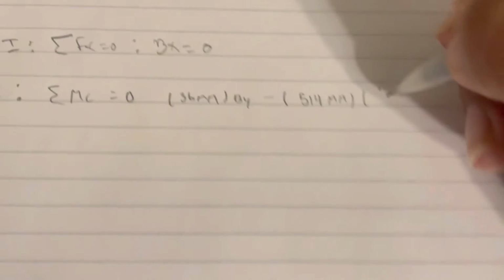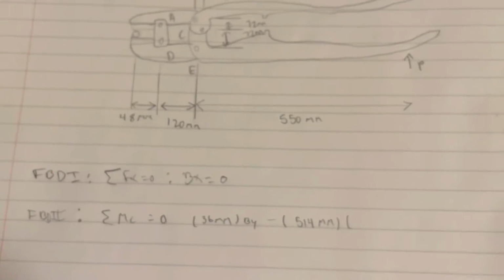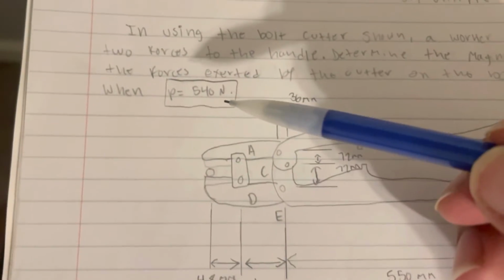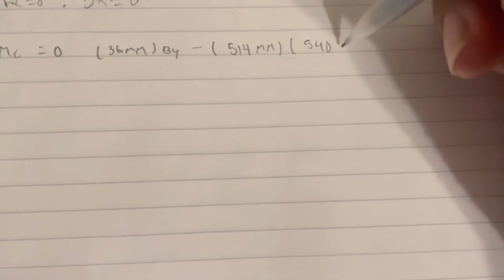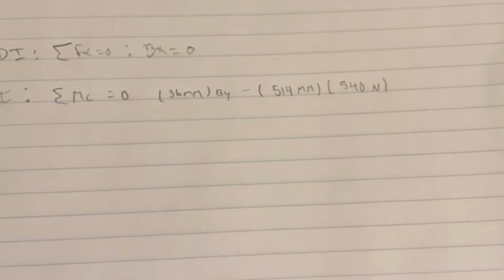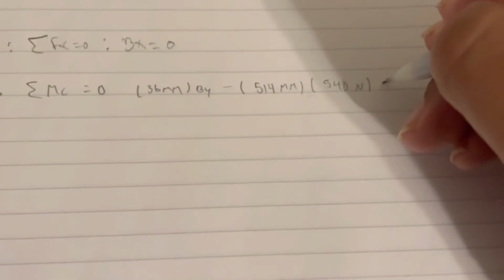And then over here we just grab our newtons. Our newtons is the pressure that was applied right here. So we just put 540 newtons, and then we equal all of that to 0.